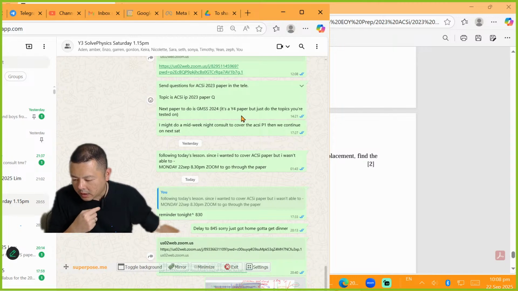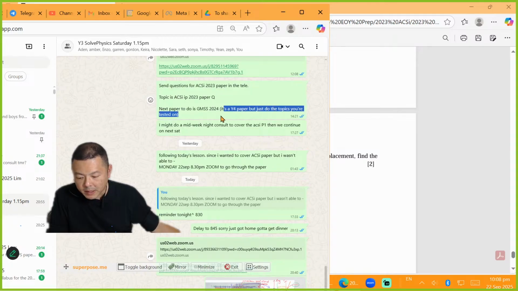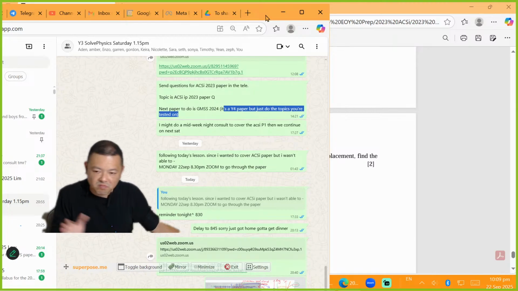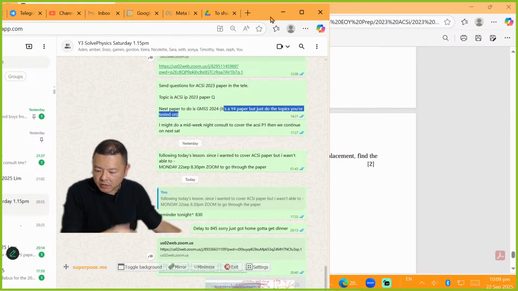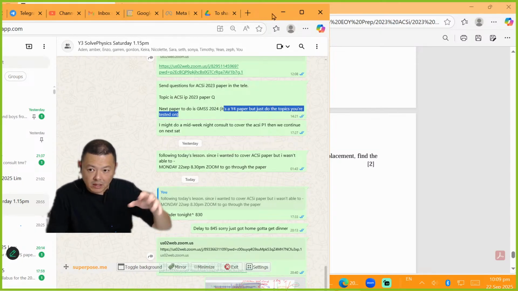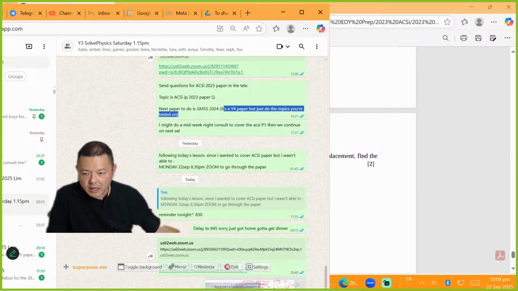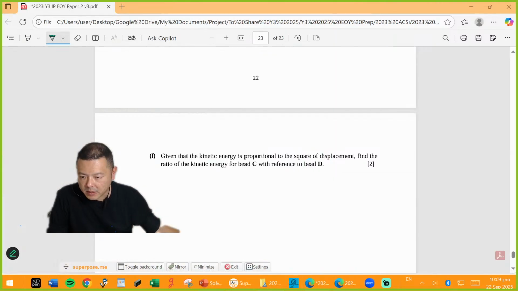It's inside the shared drive. So it's a year 4 paper, but just do the topics that you're tested on, right? I think some of you have done more than half of the topics, so you can start doing the year 4 papers already. It's just that the last few questions you can skip because the electricity and nuclear questions are not within your syllabus yet.